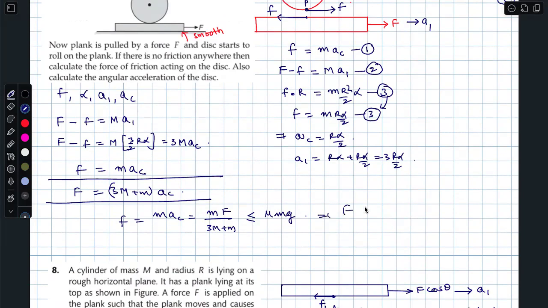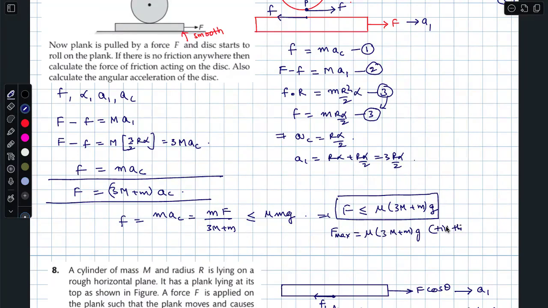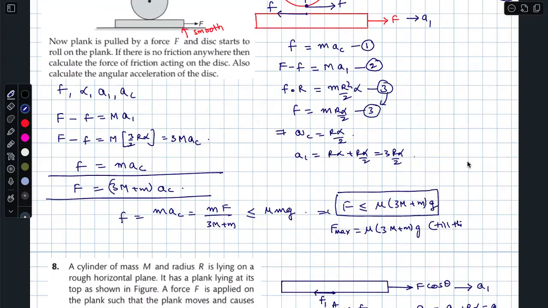So F must be less than or equal to mu times 3 capital M plus small m g. So long as your force is like this, pure rolling is possible. So therefore, F maximum is mu 3 capital M plus small m g. Till this, rolling is pure.